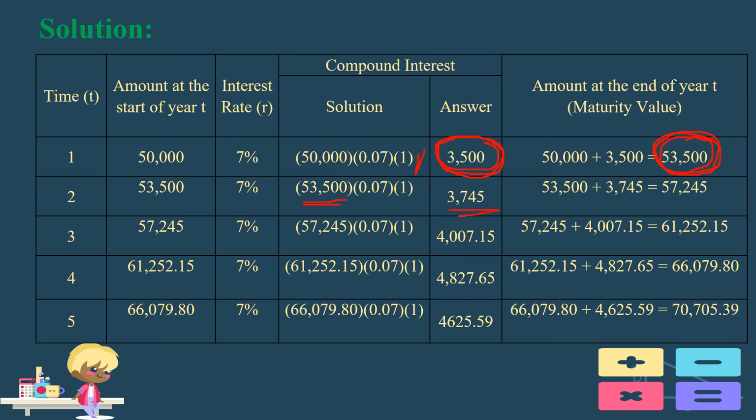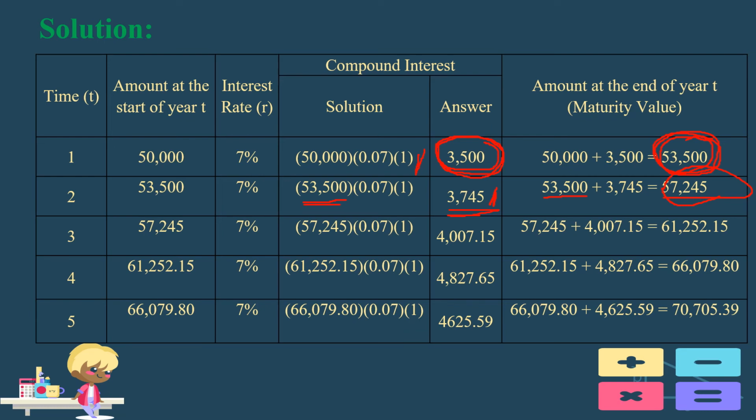Ito yung magiging answer. Pwede natin i-check sa calcu. So, the accumulated amount nung first year is 53,500 plus the computed interest ngayon ng second year, 3,745. Add natin. Ito na ngayon yung amount of money within 2 years.